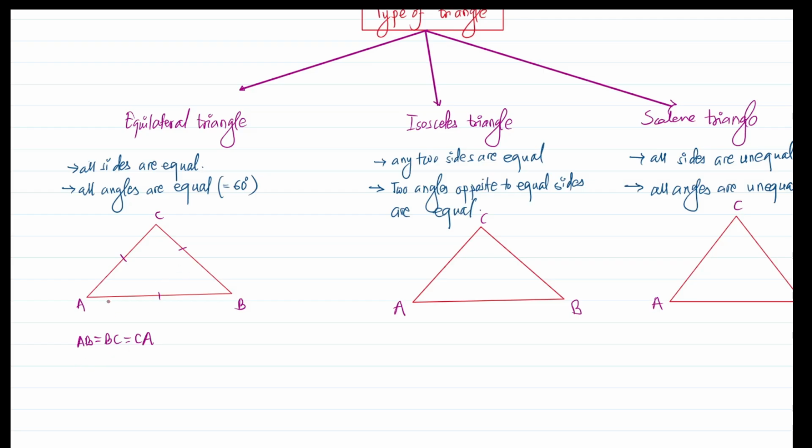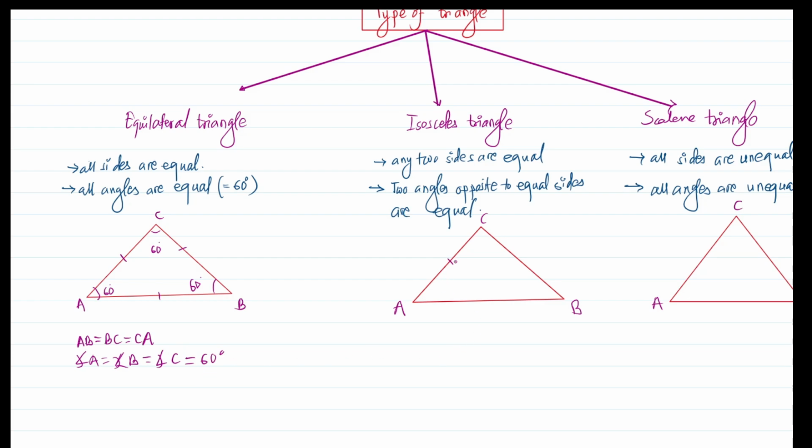All angles are equal, and each angle is 60 degrees. Angle A is equal to angle B is equal to angle C, and they all are equal to 60 degrees.